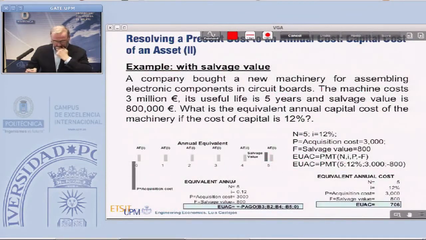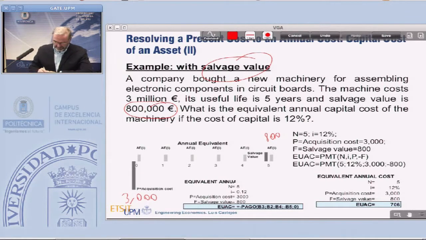Next slide. Now we do the same example with salvage value, just to complicate things. The salvage value is 800,000 euros, so we buy for 3 millions, and then we can sell 5 years from now for 800.